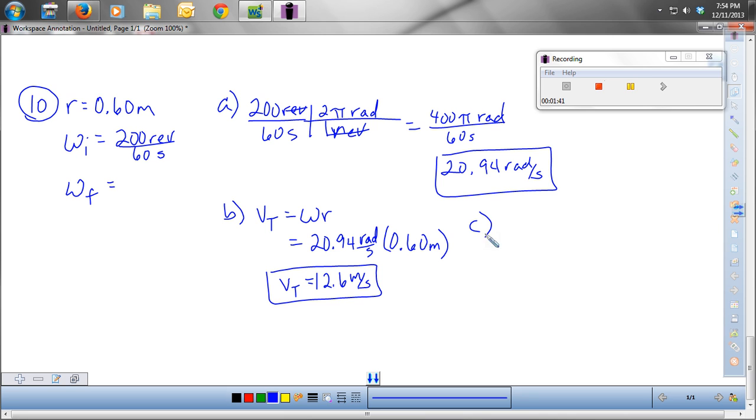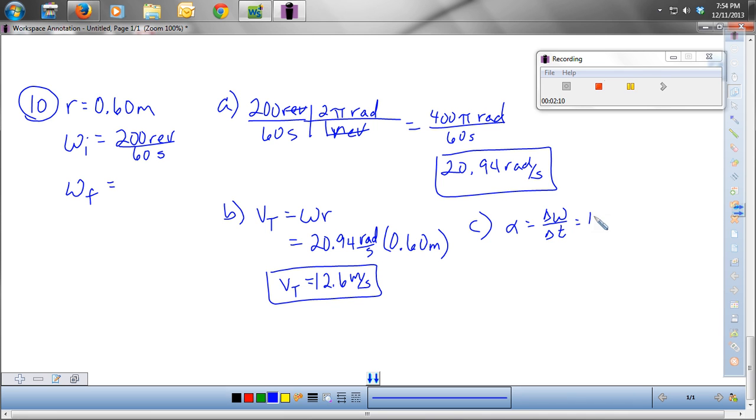Part C said, what is the constant angular acceleration in revolutions per second squared if I'm going to increase the speed to 1,000 RPMs, and I'm going to take 60 seconds to do that. So I'm going to say alpha is change in omega over change in time. So it went from 200 revolutions every 60 seconds to 1,000 revolutions every 60 seconds.